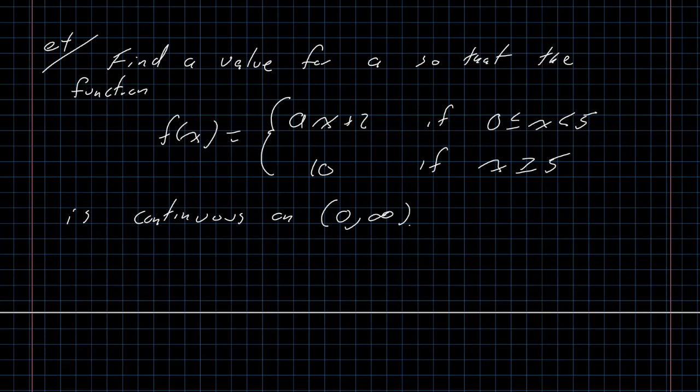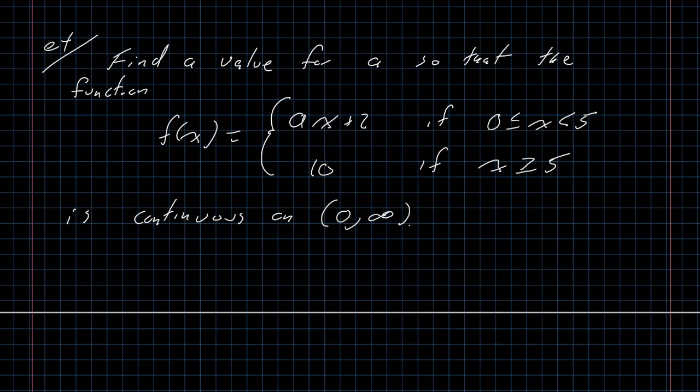Let's find a value for a so that the function f of x given piecewise, ax plus 2 if 0 is less than or equal to x is less than 5, and 10 if x is greater than or equal to 5, is continuous on the interval from 0 to infinity.